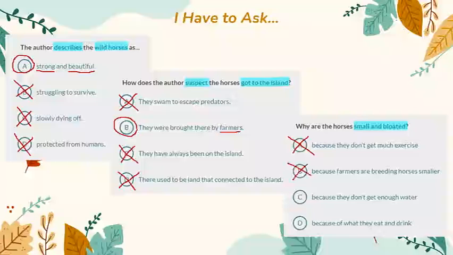C, because they don't get enough water. Well, actually, I remember the article saying they drink twice as much as domesticated horses, so it can't be C. D, because of what they eat and drink. Well, I remember it said that they eat salty kinds of food and they drink twice as much as domesticated horses. So the answer here is going to be D.